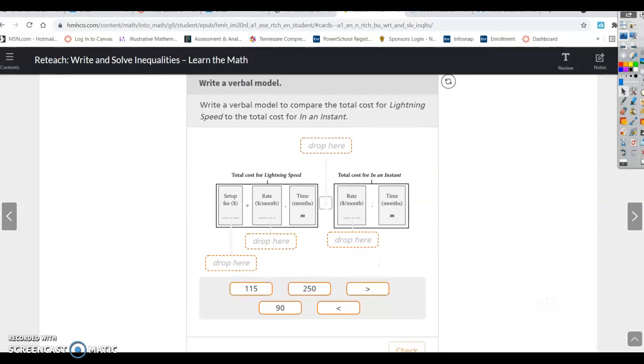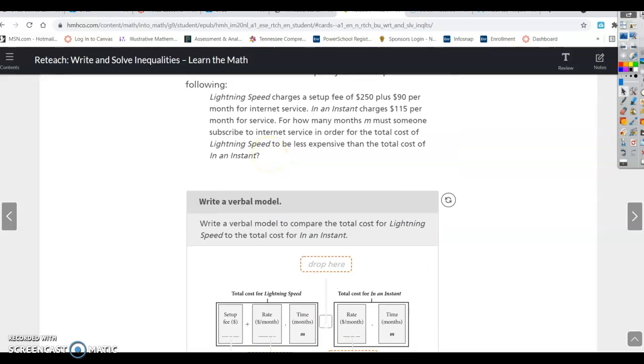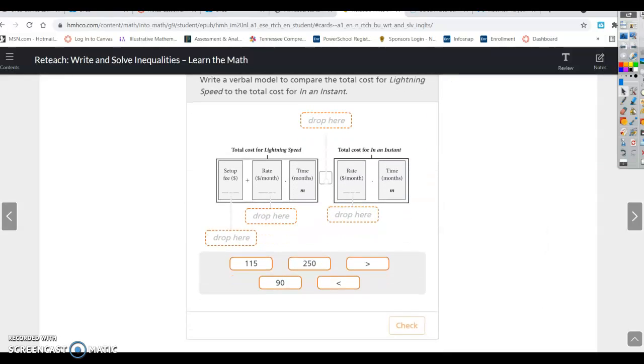All right, so they want us to set this up as an equation. At first they're talking about the total cost of Lightning Speed. If you look right above here, the setup fee was $250 plus $90 a month. So we're going to do $250 here, and the monthly fee was $90.